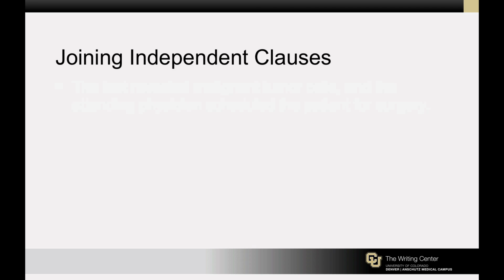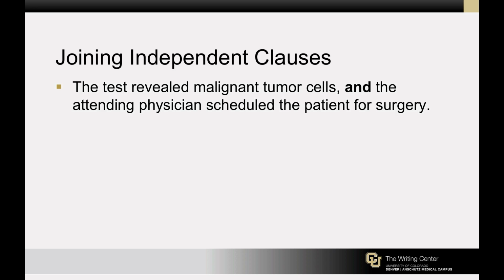To better understand these conjunctions' subtly different meanings, we'll use three variations of an example sentence. Remember earlier, we used and to connect the two clauses. In this case, the relationship we've specified is one of addition. The test revealed malignant tumor cells, and, additionally, the attending physician scheduled the patient for surgery.